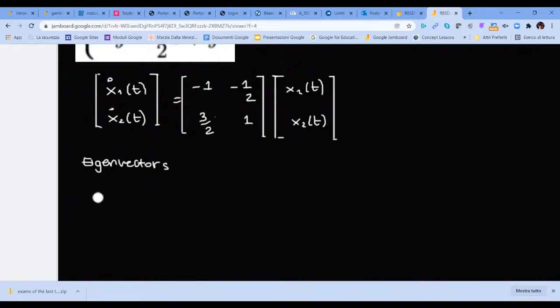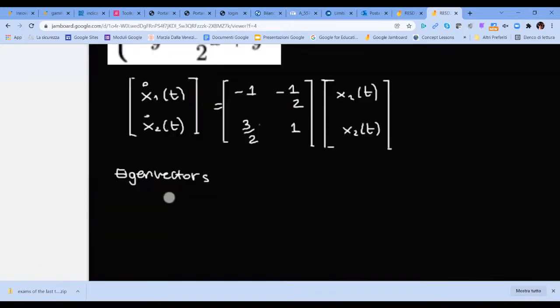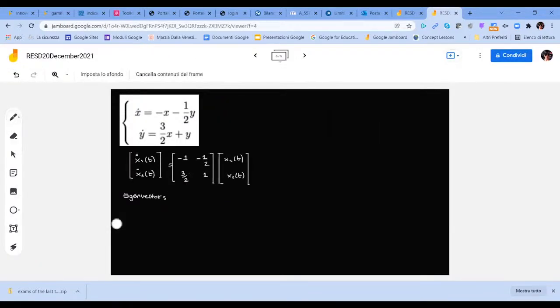So if you compute lambda 1 and lambda 2, or I don't know, you have -1 minus lambda, or we can use the trace formula. It is easier to compute.